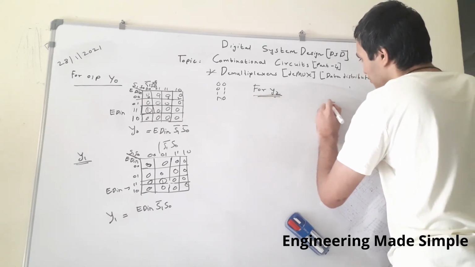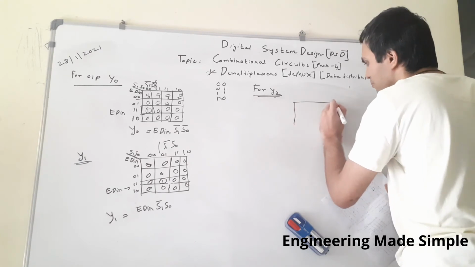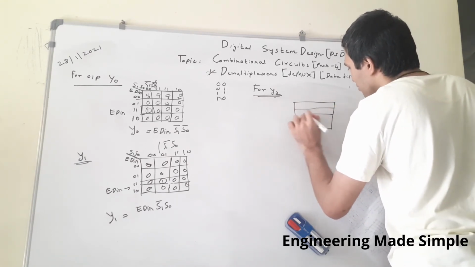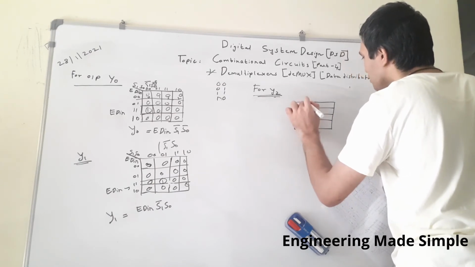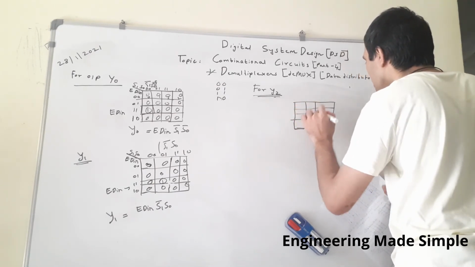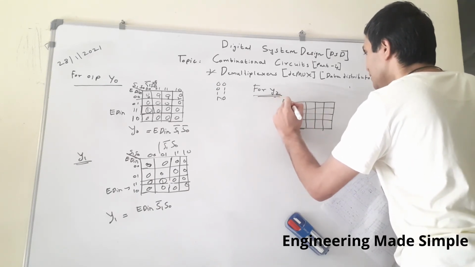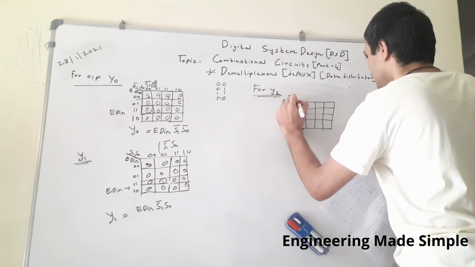Now for y2 we will draw another 4 variable K-map with ED in, S1, S0.